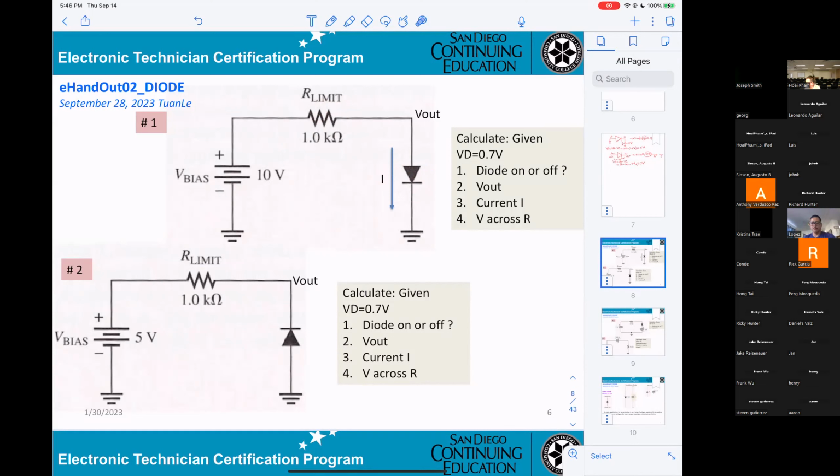It's on. On or off. On. Now, how do we know that it's on? That means you know the VD right here. Right? How many volts, if they're on?